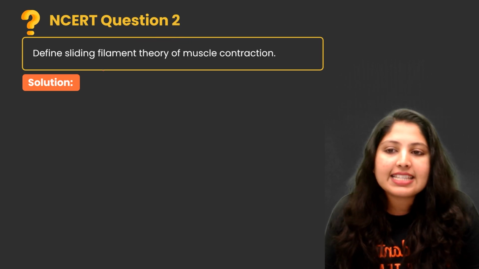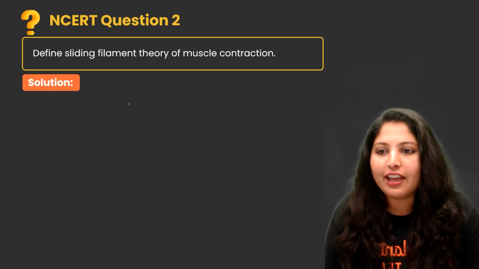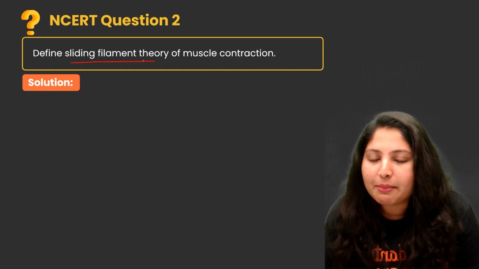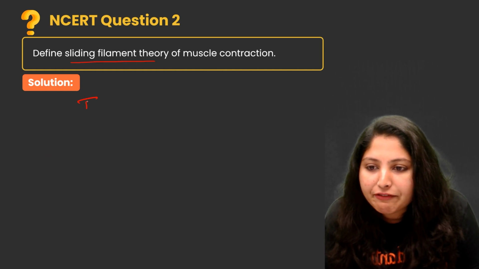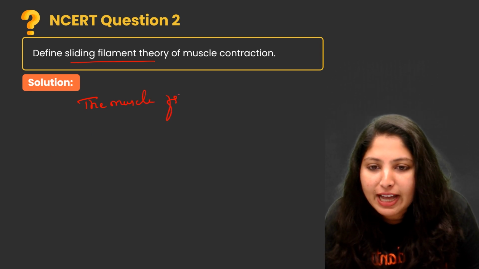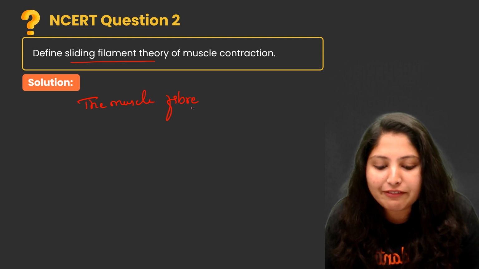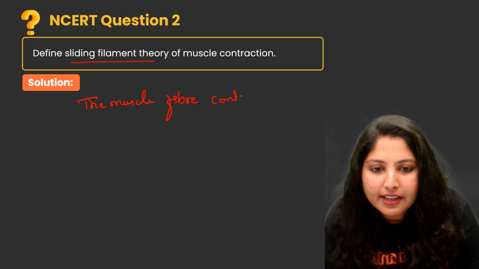Define the sliding filament theory of muscle contraction. What do you mean by sliding filament theory? The muscle fiber, that means actin and myosin, so that is the muscle fiber contraction.